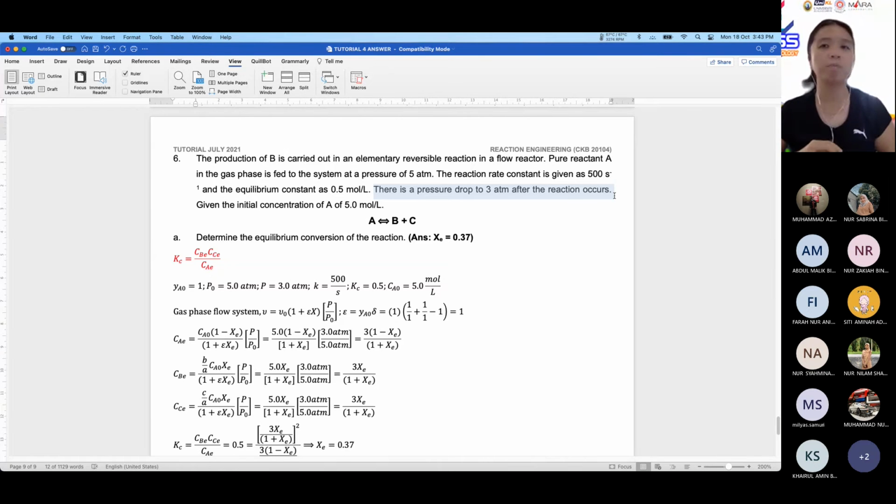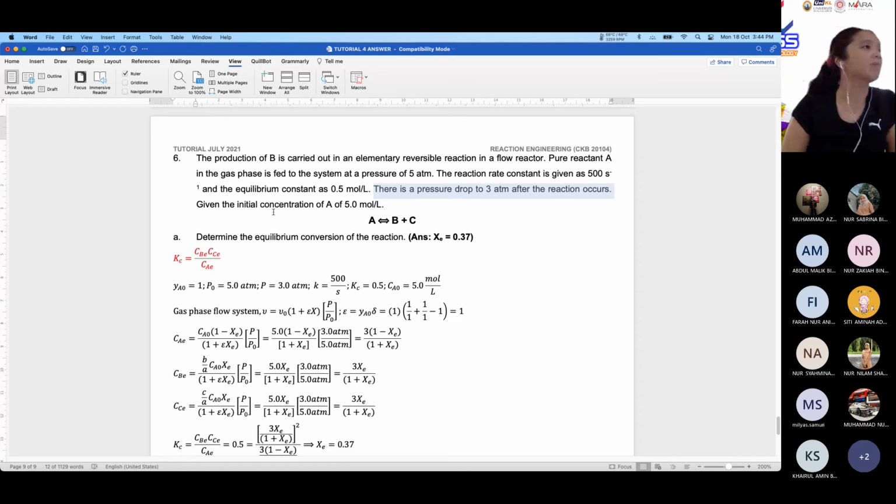Ayat sebelumnya, soalan nombor 4 dia kata, there is a pressure drop of 2 atm. Maknanya ada kejatuhan tekanan sebanyak 2 atm. Means daripada 5 atm, dia jatuh sebanyak 2 atm, tekanan akhir 3 atm. Contohnya, dalam soalan ni dia kata kejatuhan tekanan kepada 3 atm. Meaning, it drops from 5 to 3. So, kamu kena beza ayat pressure drop of or pressure drop to. Okay, so dalam soalan ni P0 is 5, P is 3.